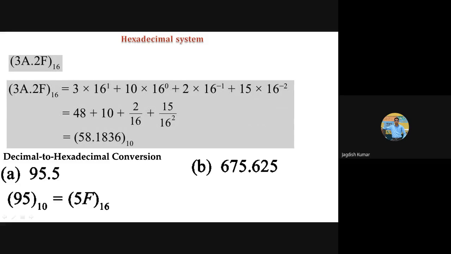So converting from decimal to hexadecimal, you got it correct. Let us do one more last practice to convert from decimal to hexadecimal. This is in decimal, 675.625. Try this one, please.